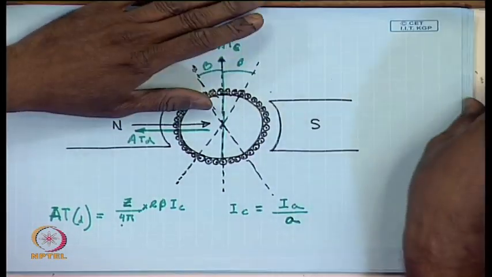So, in summary we can say that the armature reaction is due to the current flowing into the armature winding.